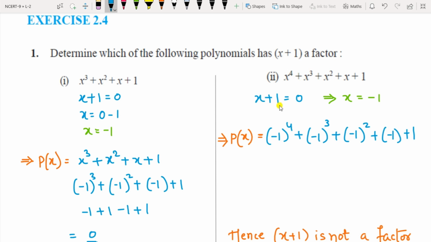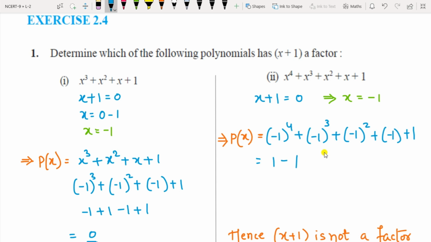So x plus 1 equal to 0, so x equal to minus 1. Substitute x equal to minus 1 in this p(x) here. Whenever the power is an even number, the minus sign will become positive, so it will become plus 1, and if it is odd here, then it will be negative only.